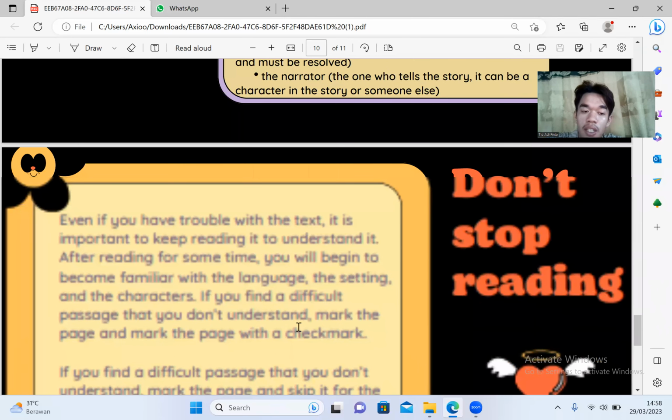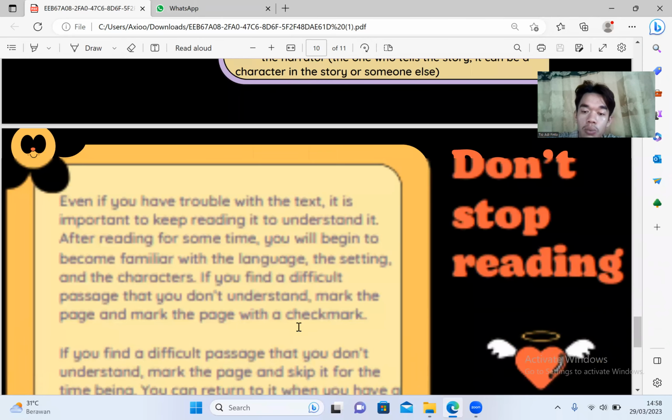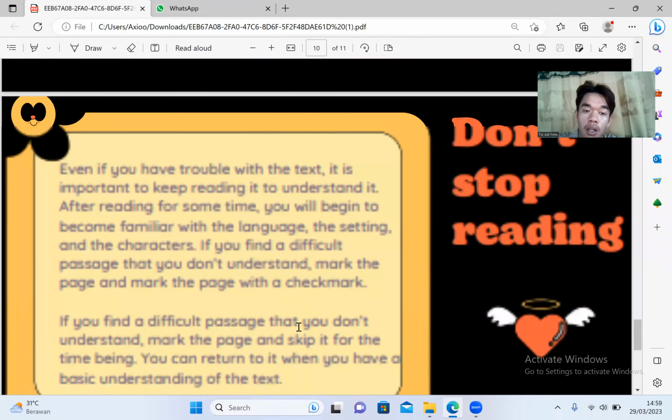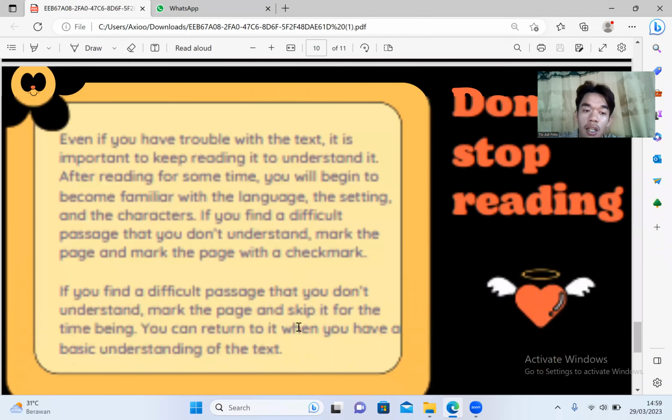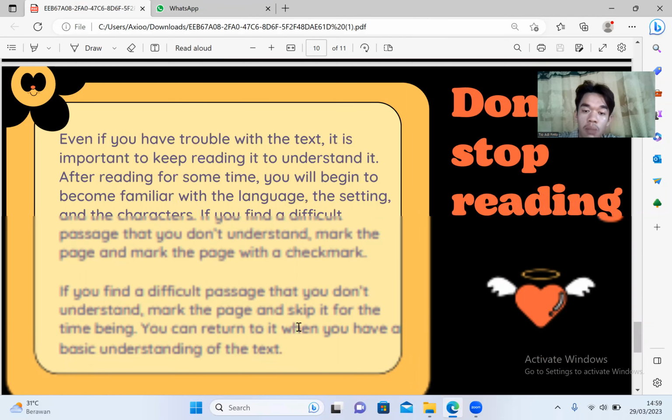And then the last is don't stop reading. Even if you have trouble with the text, it is important to keep reading it to understand it. After reading for some time, you will begin to become familiar with the language, the setting, and the characters. If you find difficult passages that you don't understand, mark the page with a check mark.